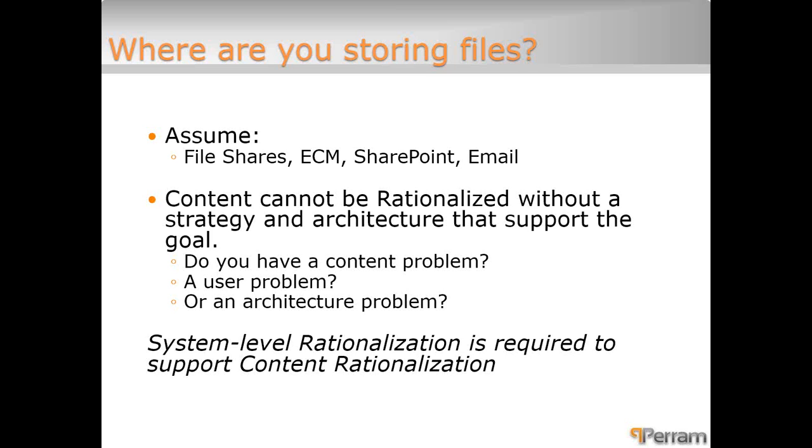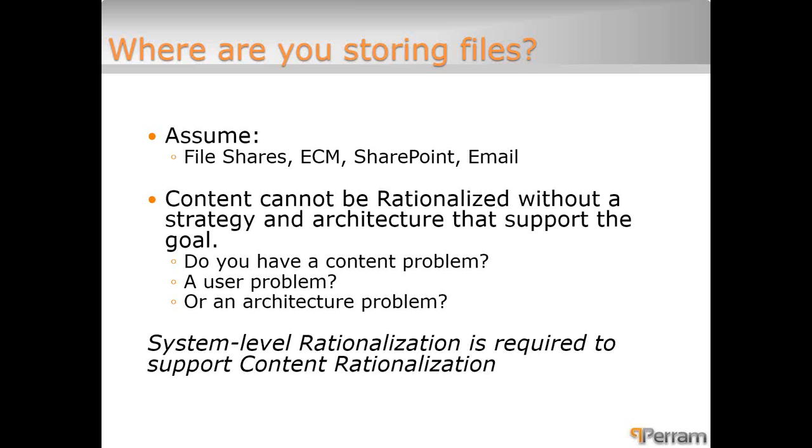So underlying any sort of content rationalization should be a good look at your system level rationalization to see, okay, where are we going with our organization? Where do we want files to be created and stored? How can we limit the options? How can we integrate the options?